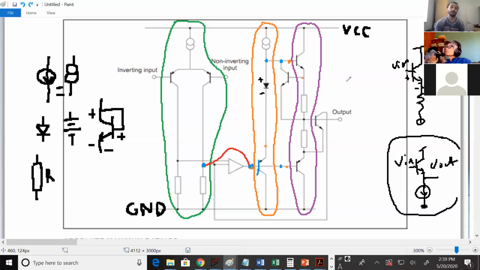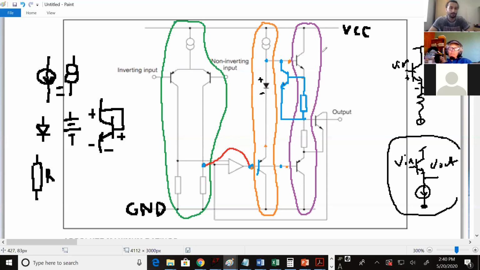And what hurts circuits? Current. Okay. So something's going on with, I'll draw it out in blue, this transistor and this resistor. Is it limiting the current through the base?